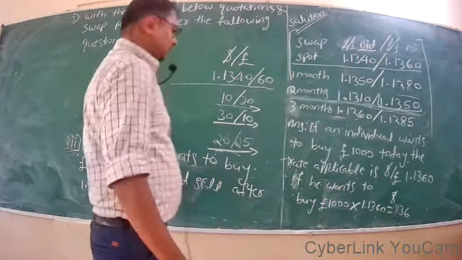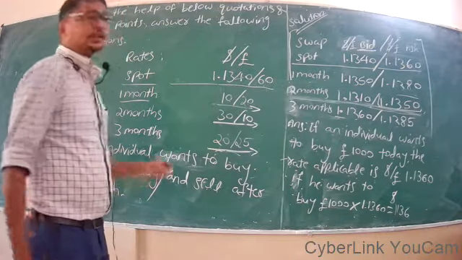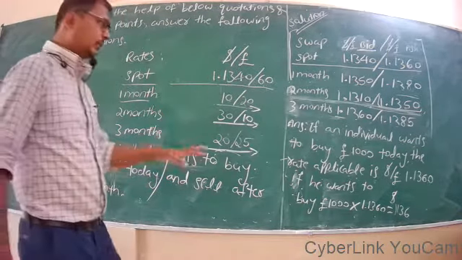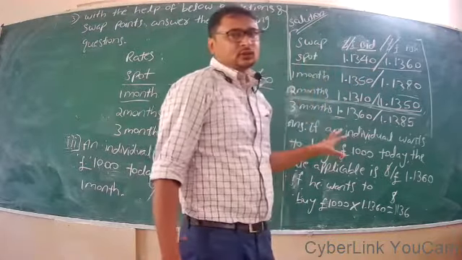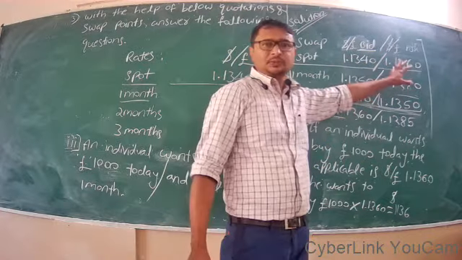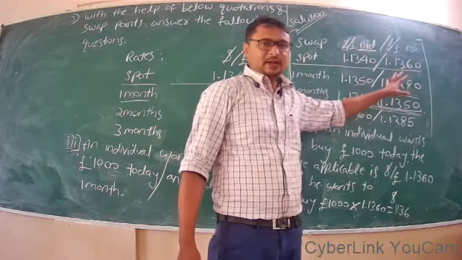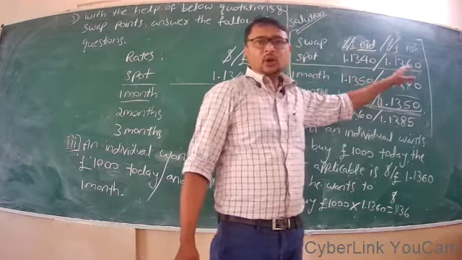So in the question they are asking, an individual wants to buy 1000 sterling pounds today. Today means the applicable rate is spot rate. If he is going to buy it from the banker, then the applicable rate will be the ask price, the selling price of the banker. Selling price is $1.1360 per sterling pound.